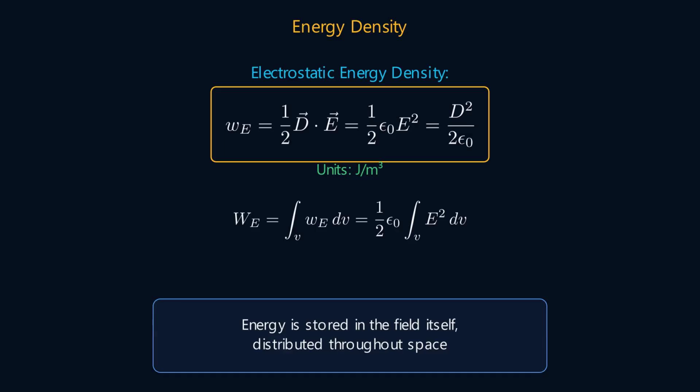Units are joules per cubic meter. The total energy is then the volume integral of w_E over all space where the field exists. This is a powerful result. The energy is stored in the field itself, distributed throughout space, not just at the charge locations.